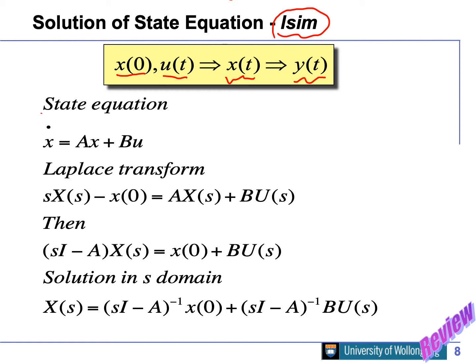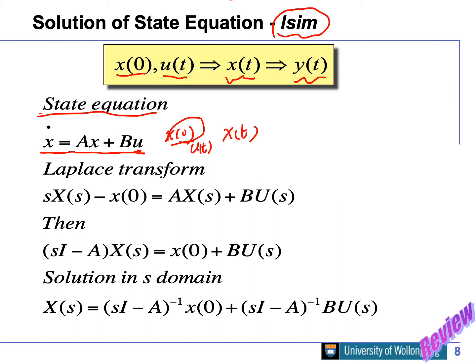So normally we start from the state equation, with the input and initial condition. We say we know our x0, initially some constant value. Then we try to find out what is xt. We get from x0 and from ut, we want to find out xt. We take the Laplace transform of this state equation.